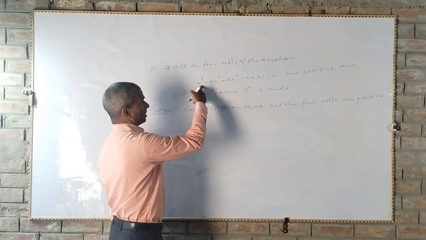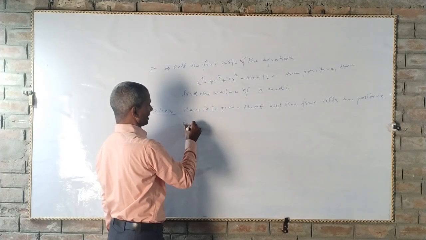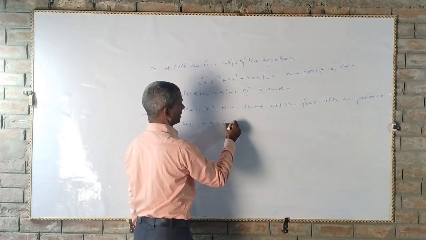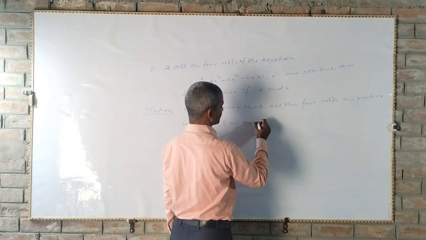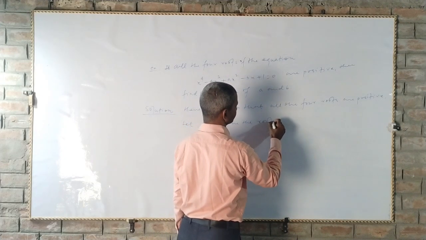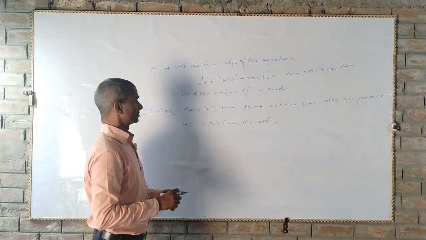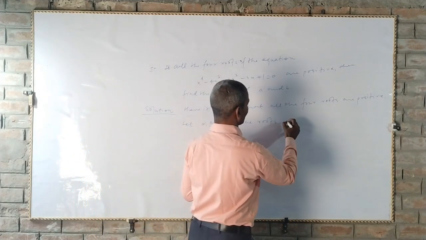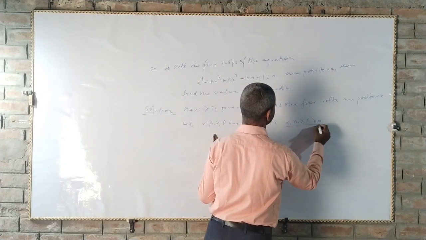So we can let alpha, beta, gamma and delta be the roots. According to the question, all these roots are positive. So alpha, beta, gamma, delta are positive.